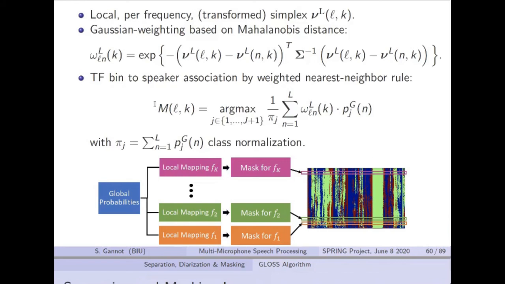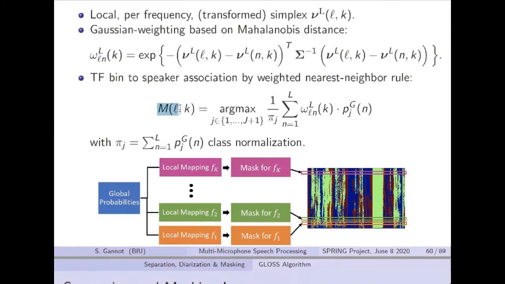This we do here by taking this weight vector, which is related to the local distances that I apply here, and they are all tied together by the global simplex analysis that we mentioned before. So we have global probabilities and we have the local mapping per frequency. Based on this, we select the most dominant source and apply a mask for this dominant source.